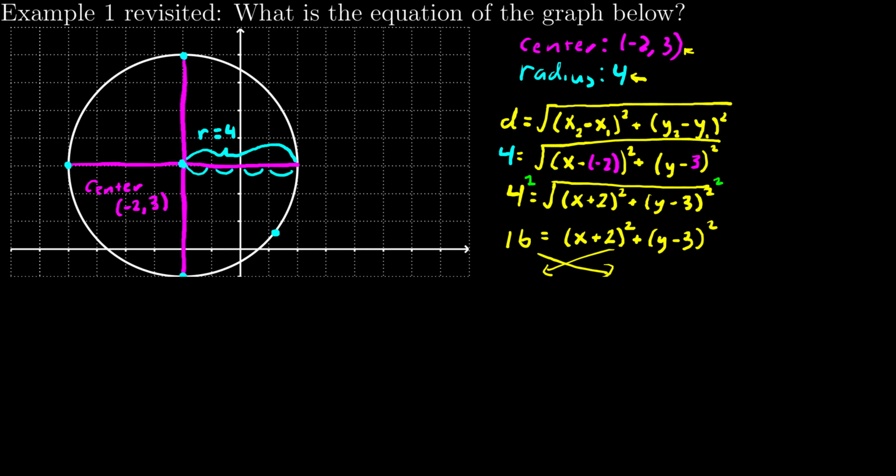So the standard form equation of the circle, when the center is at (h, k), and the radius is r. Let me use the same colors we had in the last one. So the center is at (h, k). My radius is r.